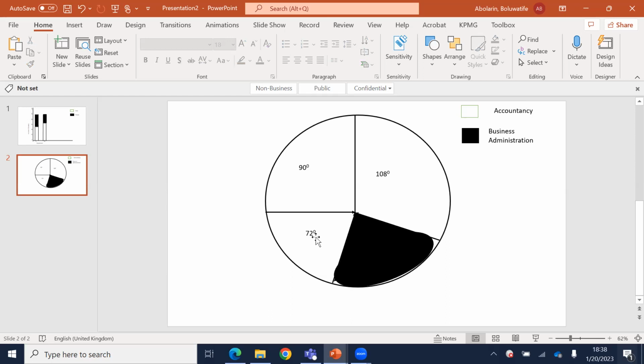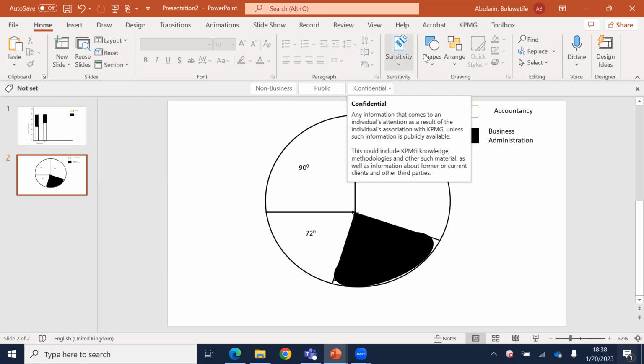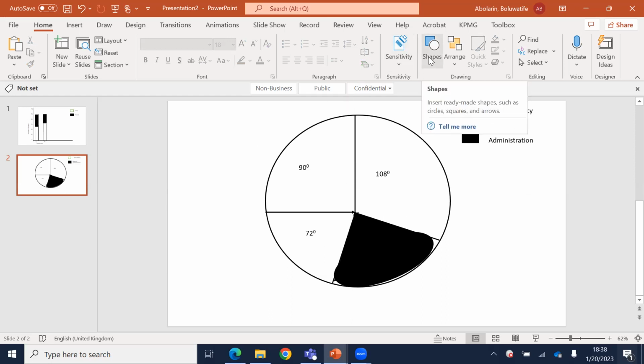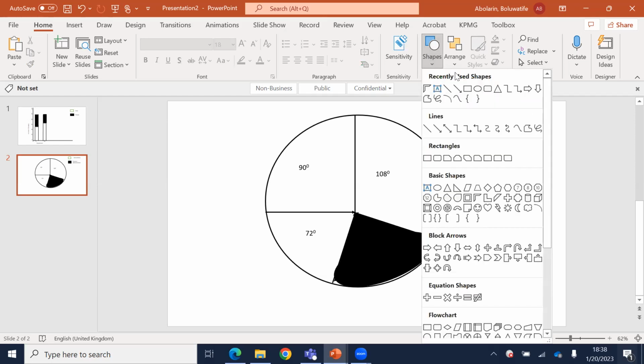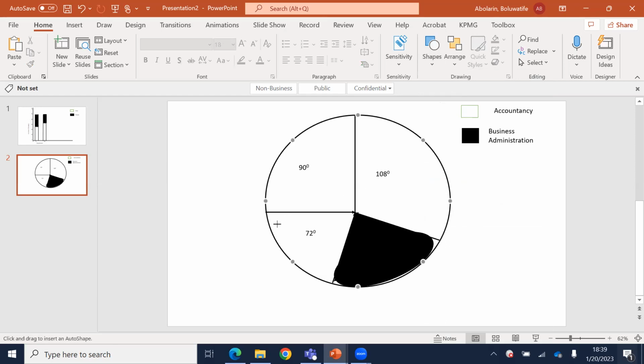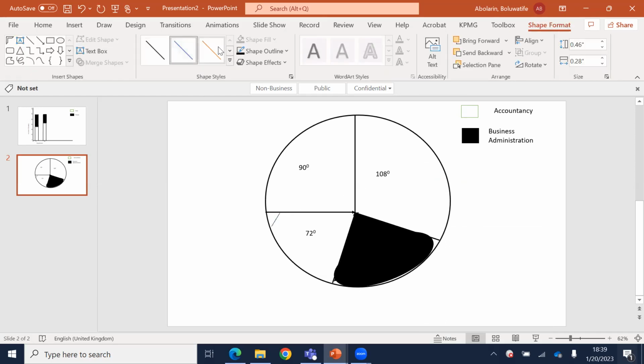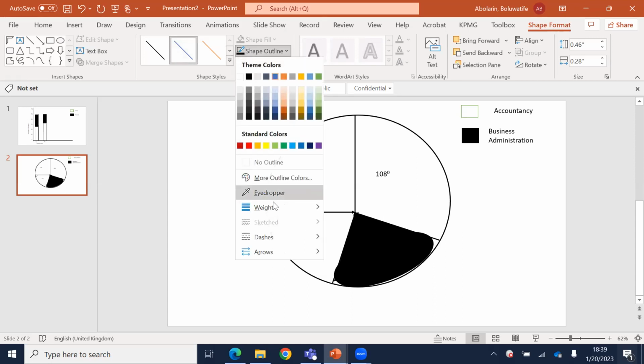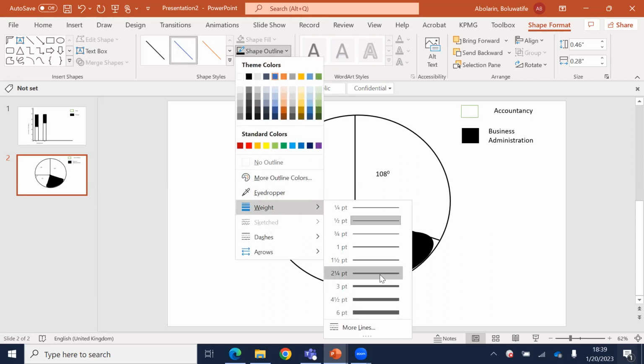So this third one, what can we use? Let's use arrow. You can just mark it like this. Make it tick.